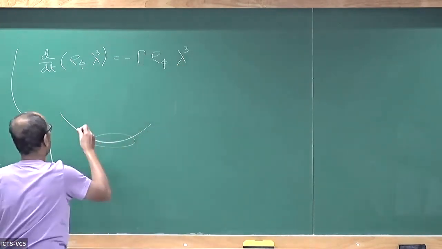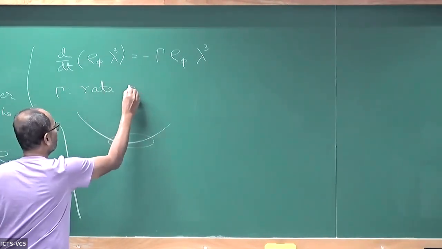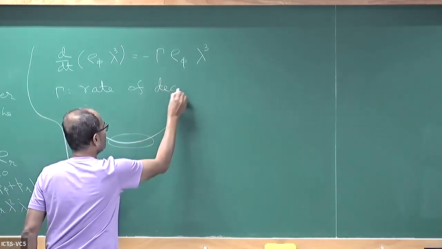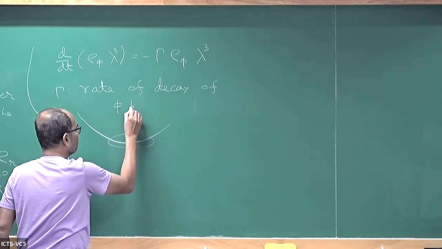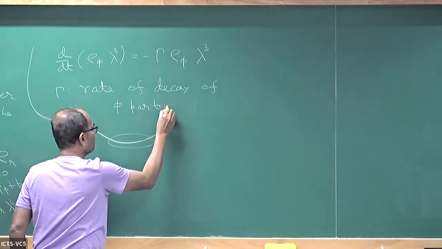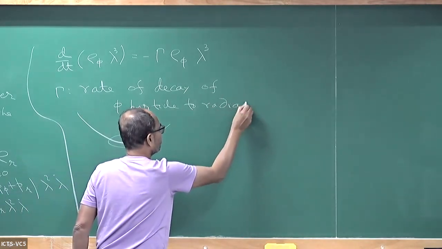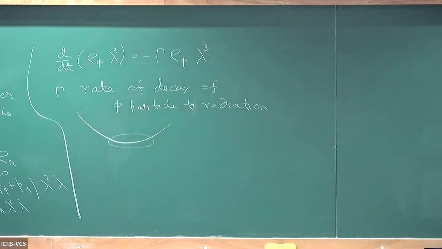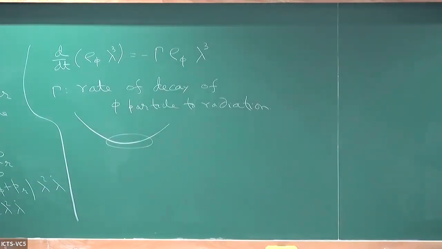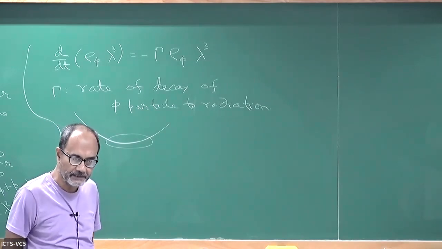So gamma basically is the rate of decay of phi particle to radiation. We will not try to include the reverse reaction. There will always be some small probability that the radiation will produce back the phi particle, but we will just ignore this.